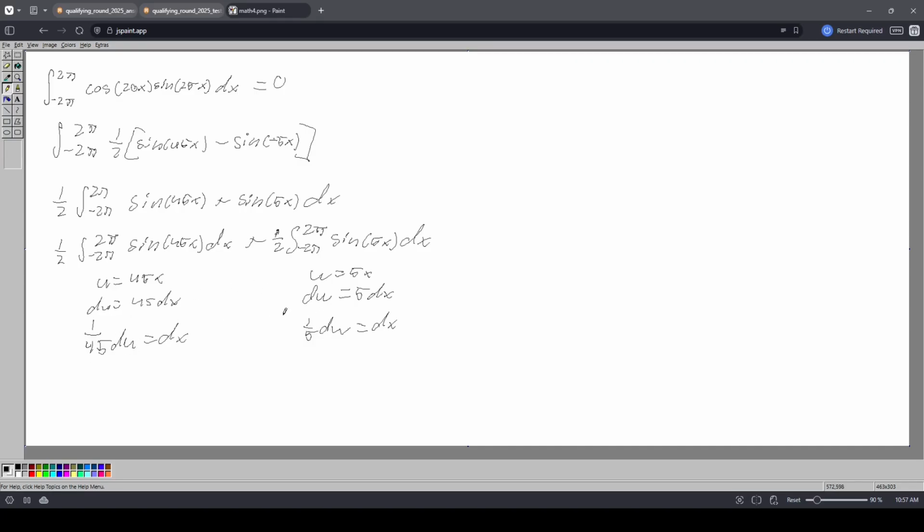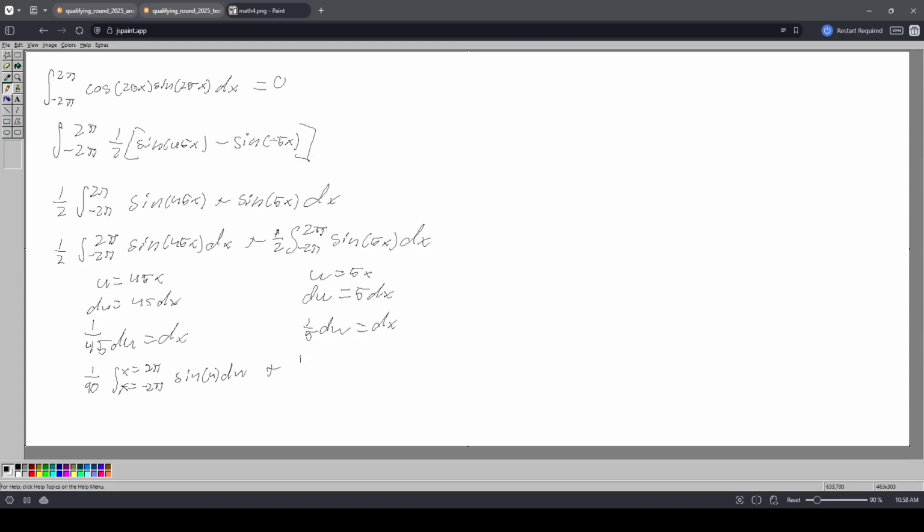Now, those are both constants, so we can just bring them out to their respective fronts, which will have us with 1 over 90. We're not going to change the bounds, so let's make sure we properly mark that. We're not changing the bounds this time just because we're going to recombine the functions after we integrate them.